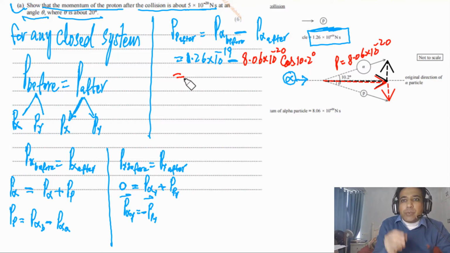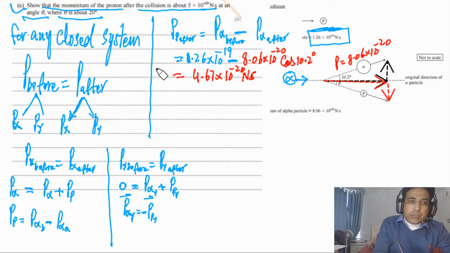If we solve this one, we will find the x component of proton. If we do this calculation, you will get 4.67 times 10 to minus 20 newton seconds. So this is momentum of proton after.